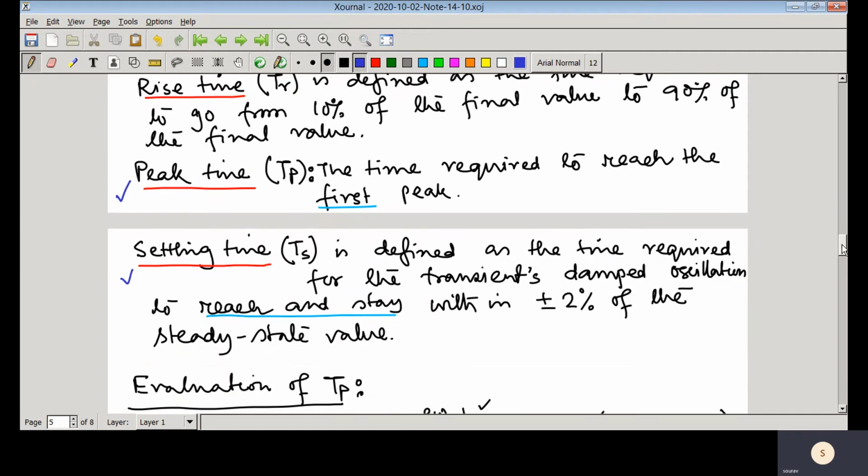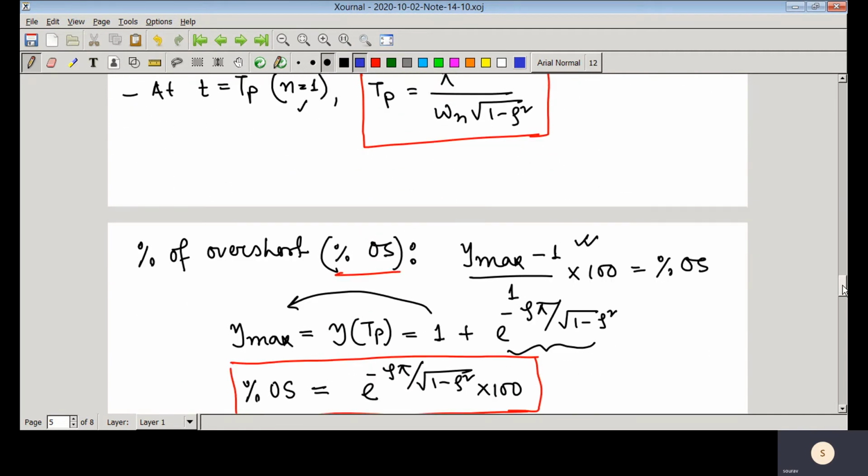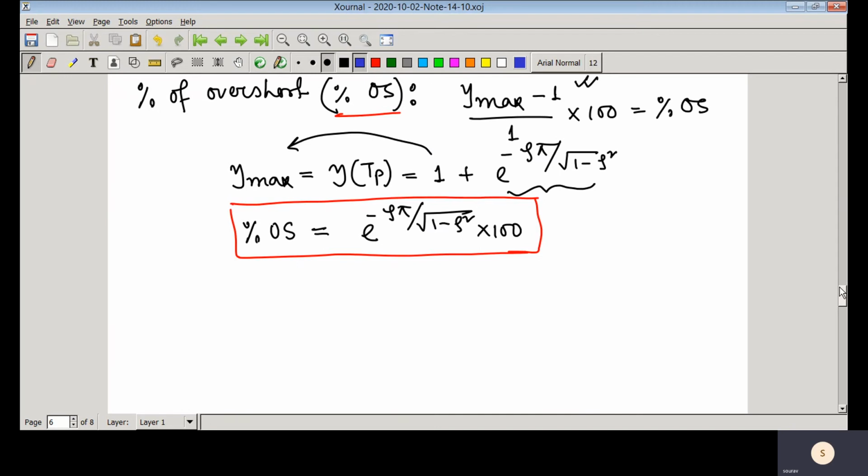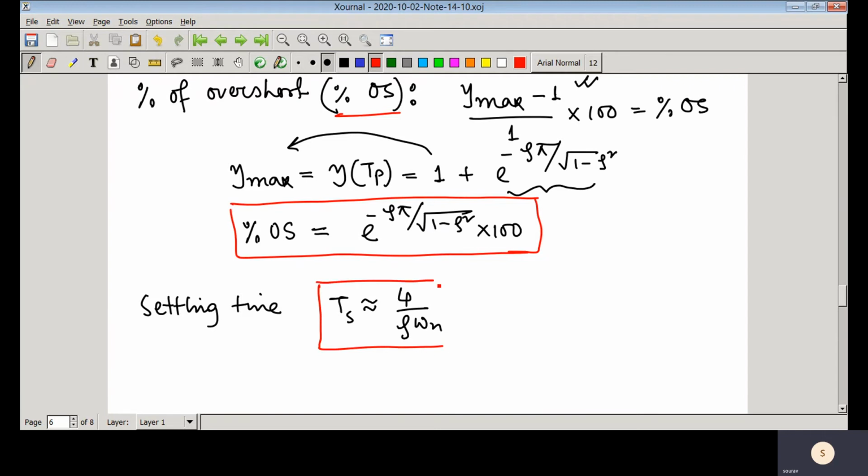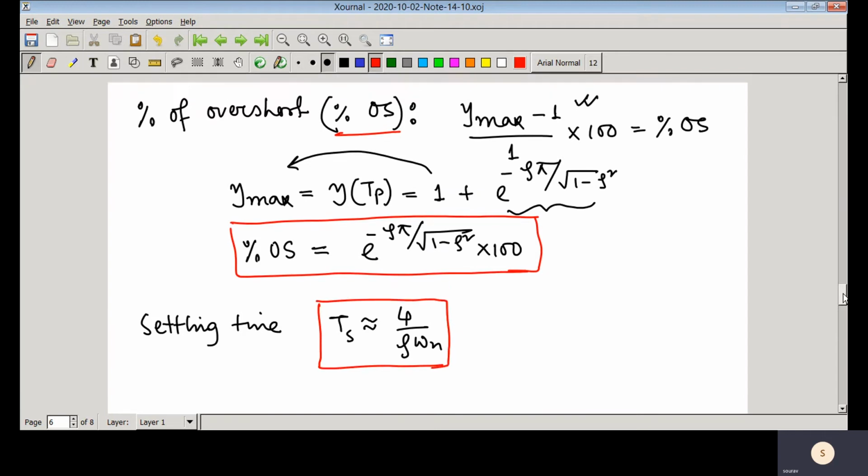I am not going to derive that one. I would suggest you all derive it. I am just going to give you the relationship: TS, settling time, is nearly equal to 4 by zeta omega n, and here I am showing you how to calculate it.